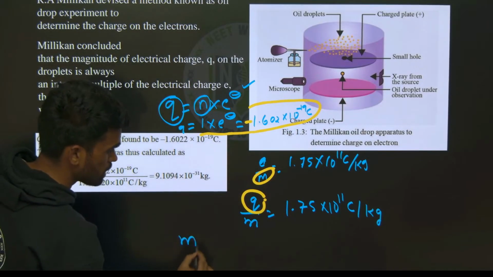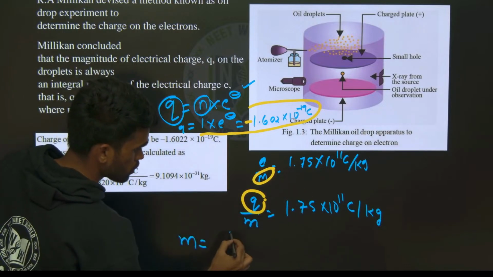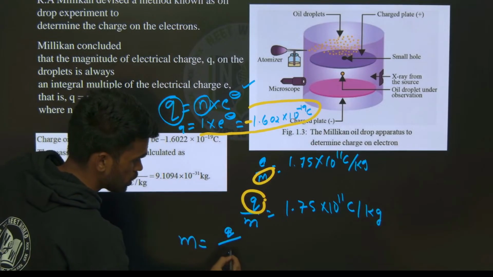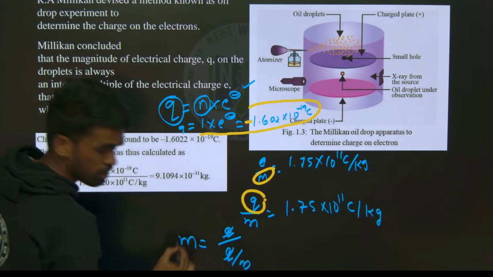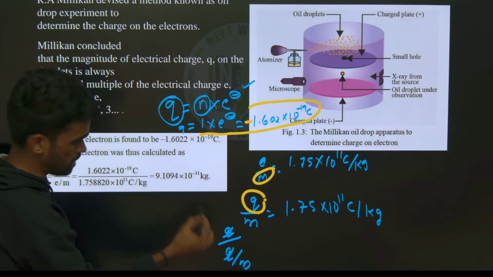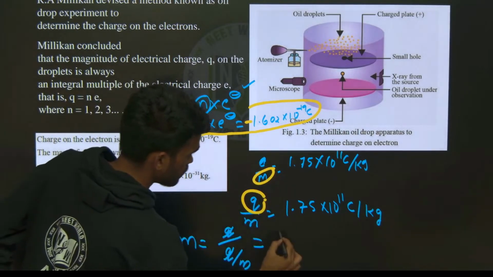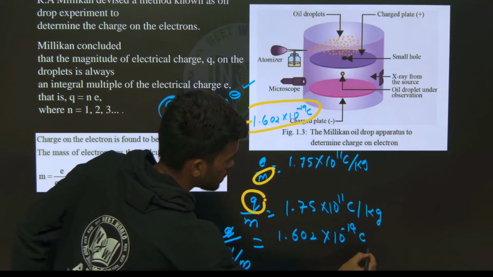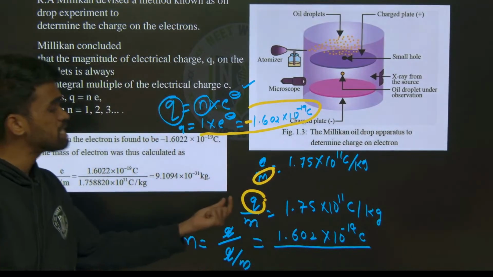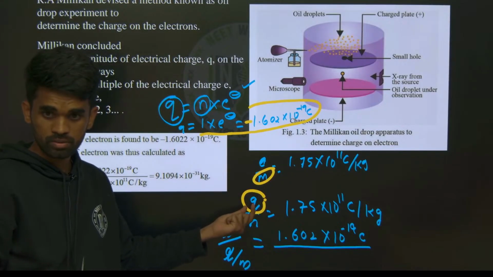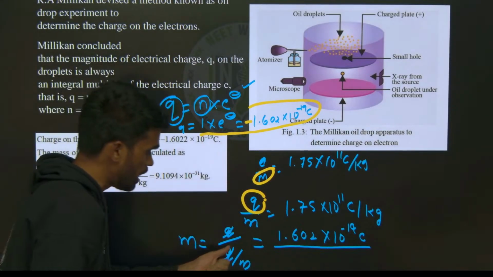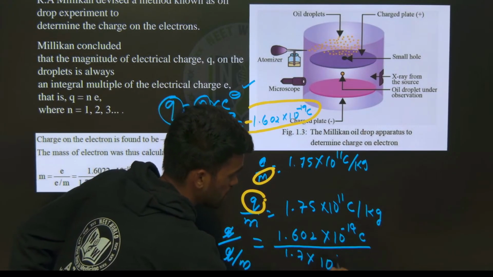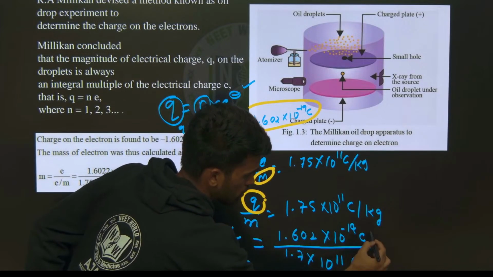So mass can be written using the Q by M ratio, charge divided by Q by M. Just consider magnitude here, no sign. The charge is 1.602 into 10 power minus 19 coulomb and the charge to mass ratio is 1.75 into 10 power 11 coulomb per kg.